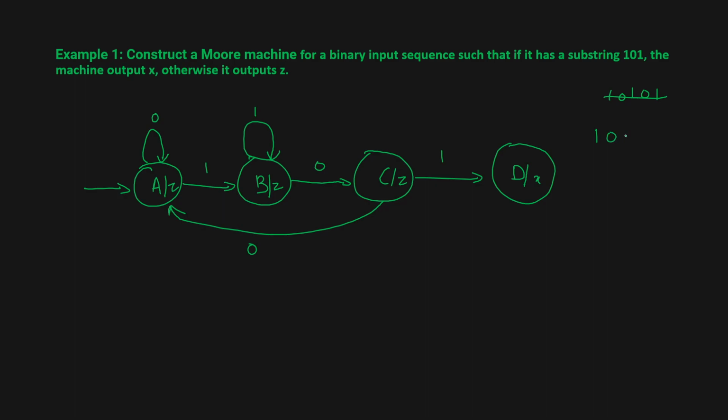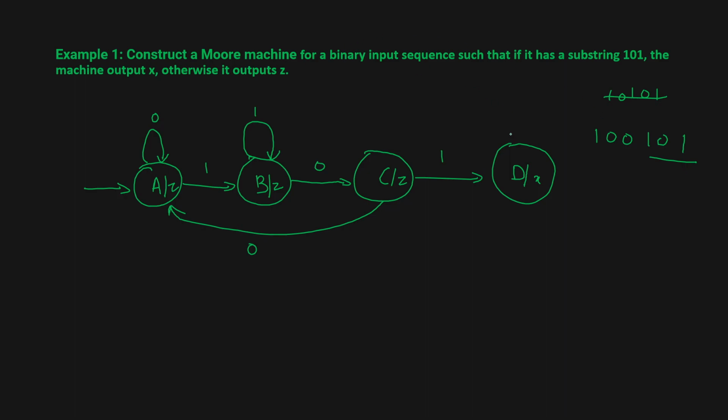So let's say you're in A, you get 1, you go to B, you get 0, you go to C. Then again you get 0, you go to A again, and then you get 1, you go to B, you get 0, you go to C, you get 1, you go to D, and then the output is X. So you encountered over here 1 0 1, then you get X.